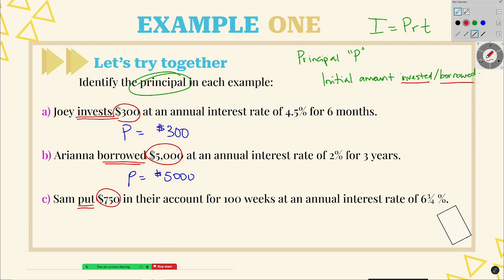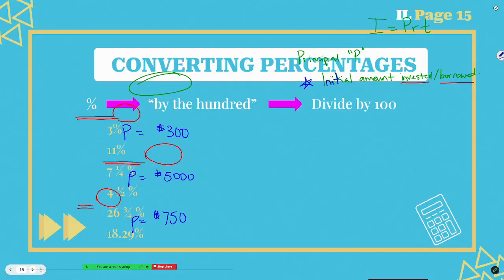So our principal is P equals $750. And that's it. That's all we have to do for the first part. We're just identifying principal, which is the initial amount invested or borrowed. So that's how you find principal.